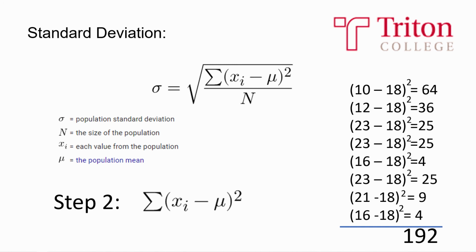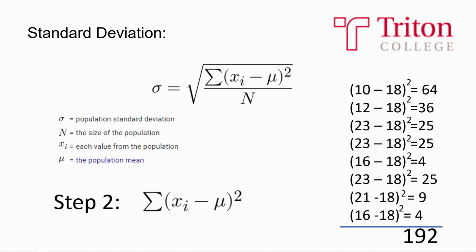I'm subtracting the mean, squaring it, and then summing it. Everything you see on the right-hand side, where I get 192, is what you see in the numerator of this fraction. So we've got 192 as the numerator.